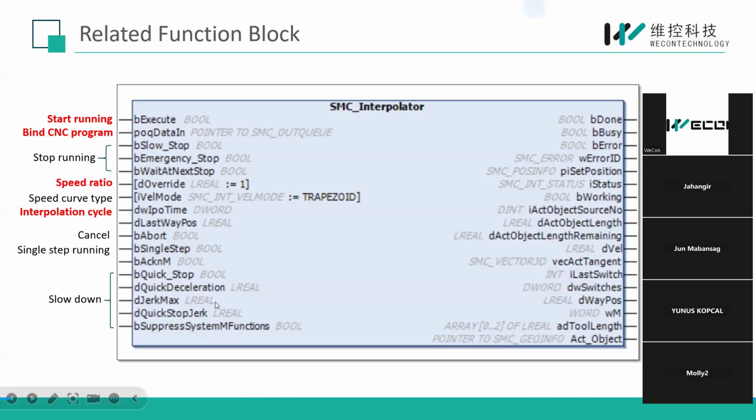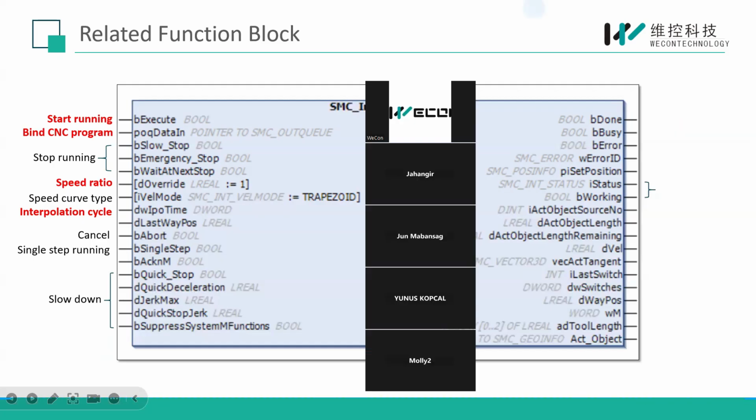And when you stop it and set it on again, it will run the next segment one by one. For the output, we have the output position of different axes, the working status, and the current number of the paths.